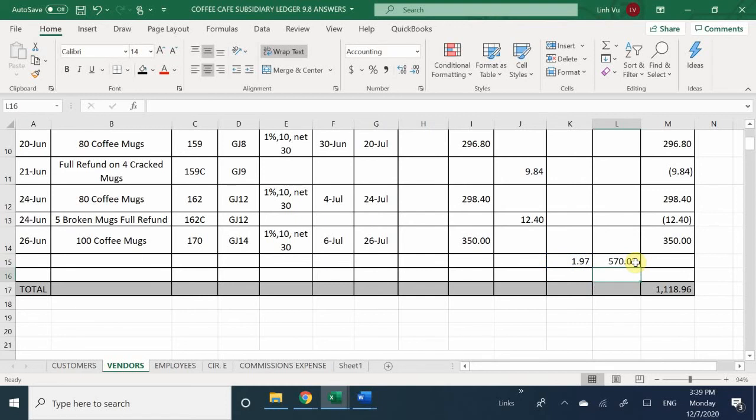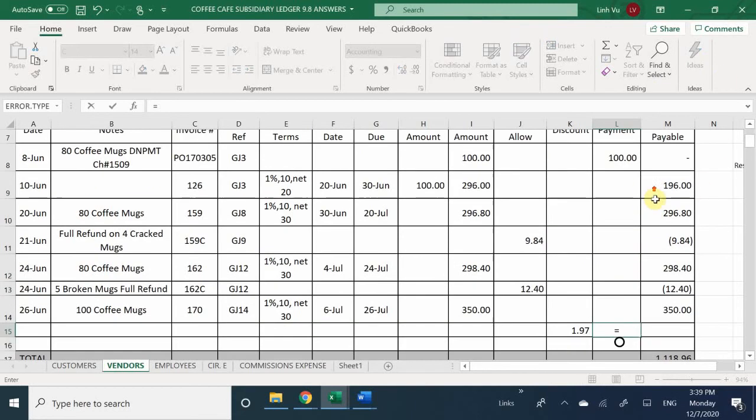Our total is $490.83. How did you get $493?